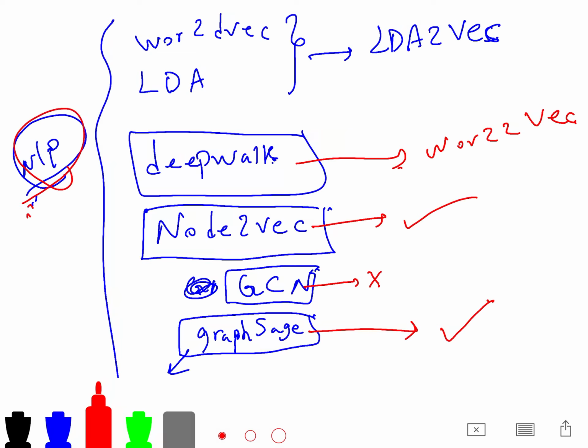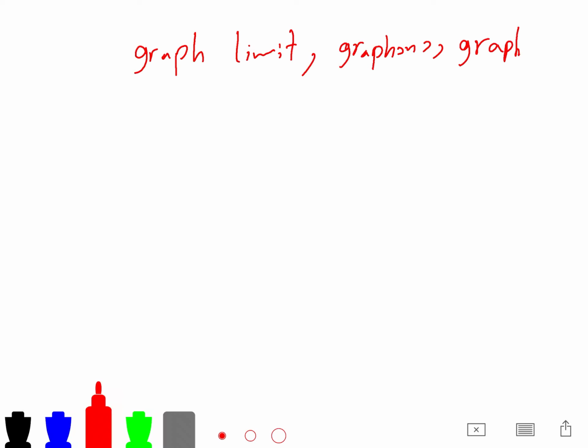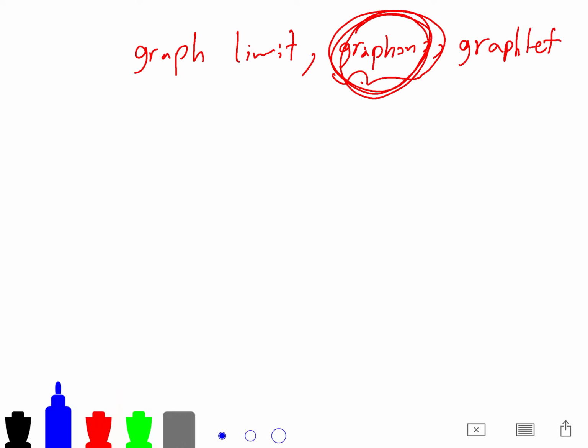And so NLP is really interesting, but you need to overcome some problems of GraphSAGE. Maybe we can do it in 2040 with some completely new paradigms. If we talk about graph limits, graphons, we need graphlets. But graphons is a natural thing in order to talk about future technologies.